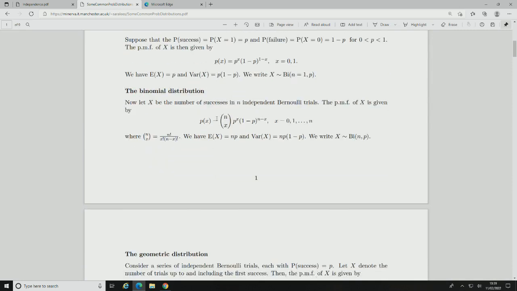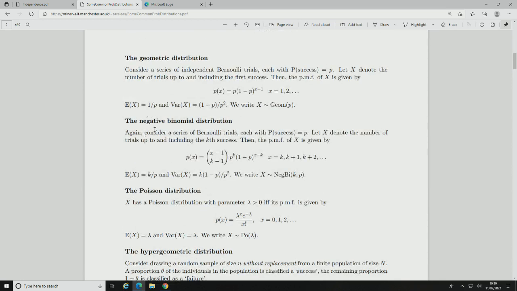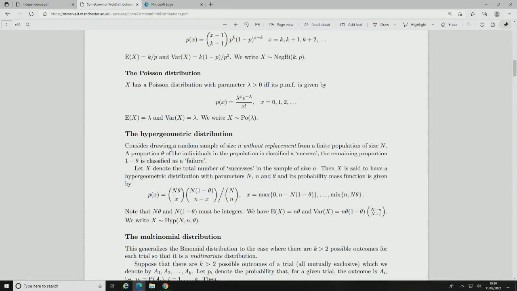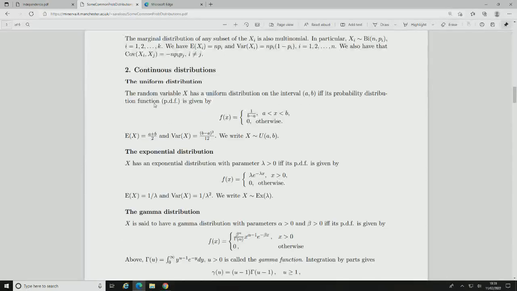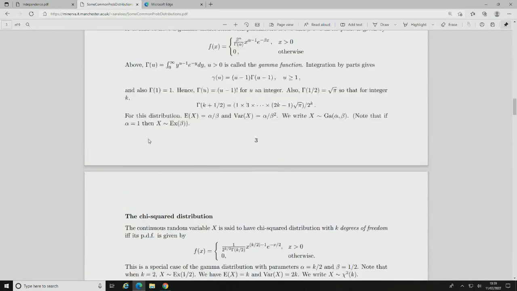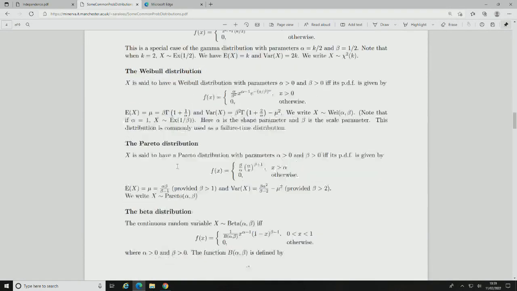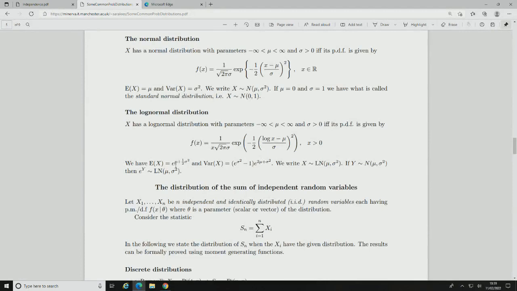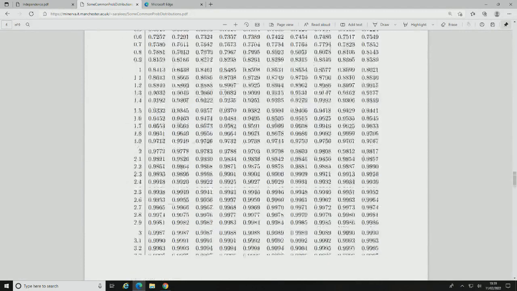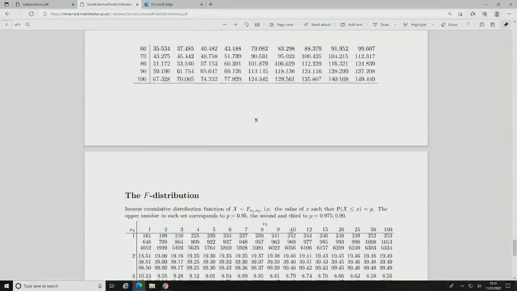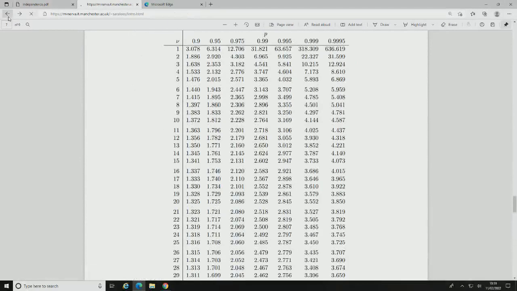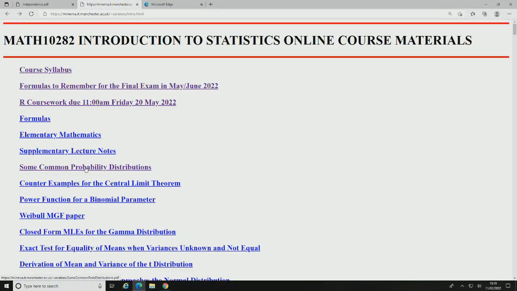Then the binomial distribution, the geometric, the negative binomial, the Poisson, hypergeometric, multinomial. And it also gives a range of continuous distributions, including the uniform, the exponential, gamma, chi-squared, Weibull, Pareto, beta, normal, and so on. So it gives a variety of things. So you may find this link useful. So this link is called, just go back, the link is called Some Common Probability Distributions, right? So you can click on this link to find out about the distributions that we are talking about in this course.